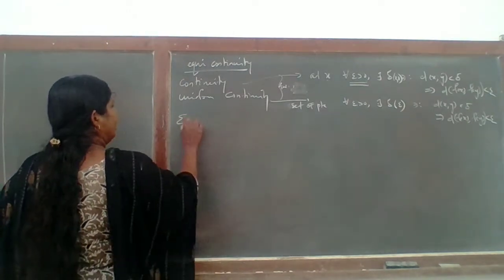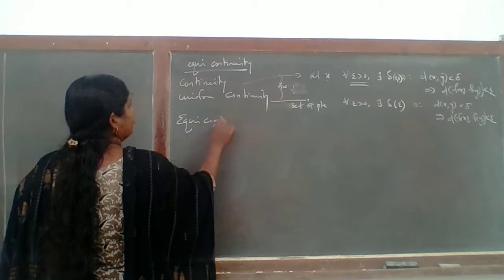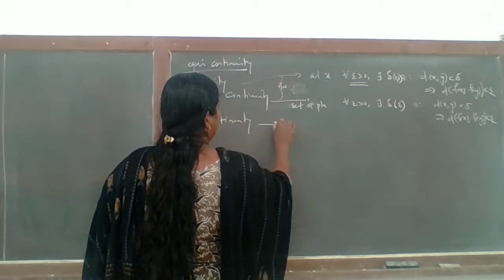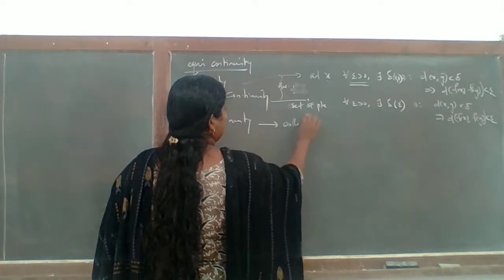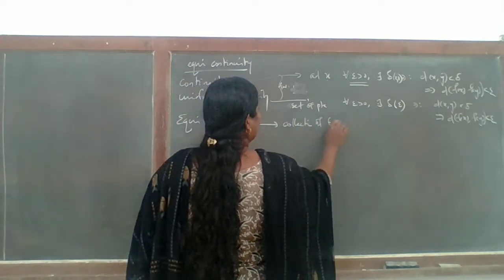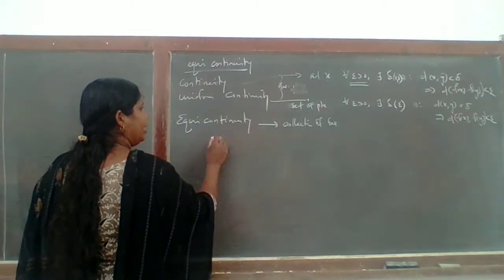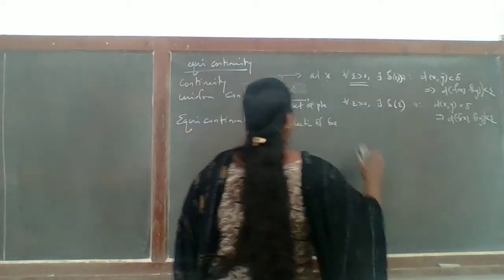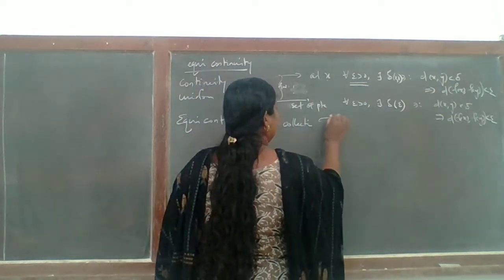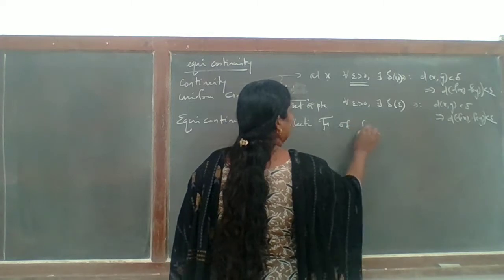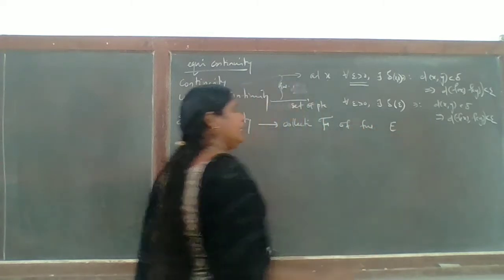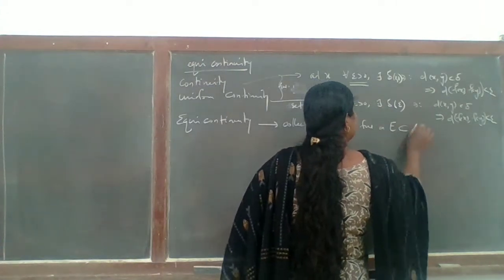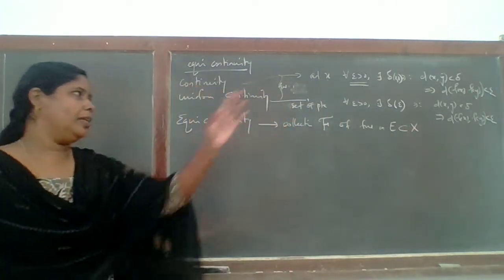What may be equicontinuity? This is for a collection of functions. Suppose we have a collection of functions, we can name the collection, say for example script F, defined on some set E, which is a subset of some metric space, because we need some metric there.